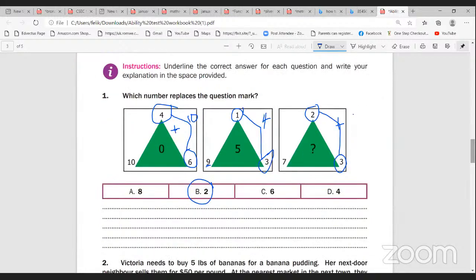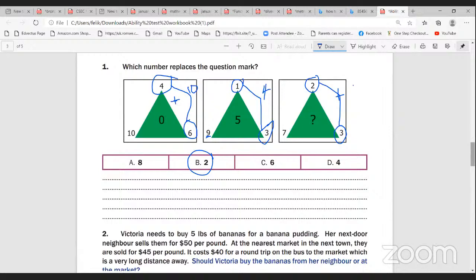So moving on to the next question in 5, 4, 3, 2, and 1. All right, so scrolling down.